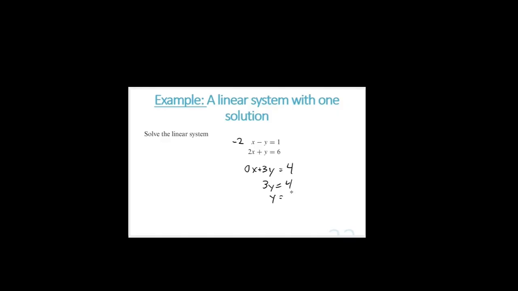Yeah, we got 4 thirds. Then what do we get for x? Yeah, you plug it back in, and then what would you get? Yeah, which is going to be 7 thirds, right? So your solution for x and y here would be 7 thirds and 4 thirds. So that one in particular would have 1 solution.